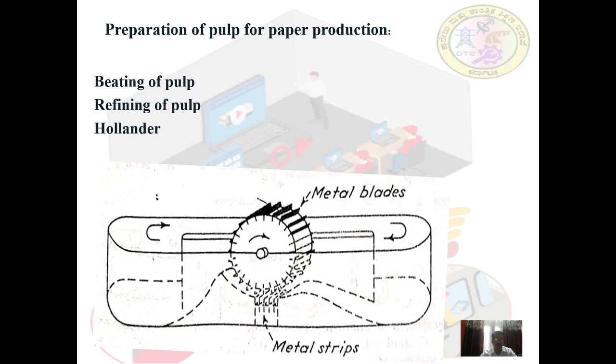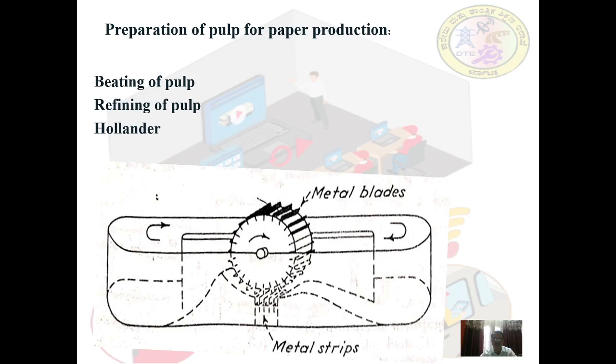It consists of a wooden or metal tank having rounded ends and a partition down the middle, thus providing a channel around which the pulp is circulated.